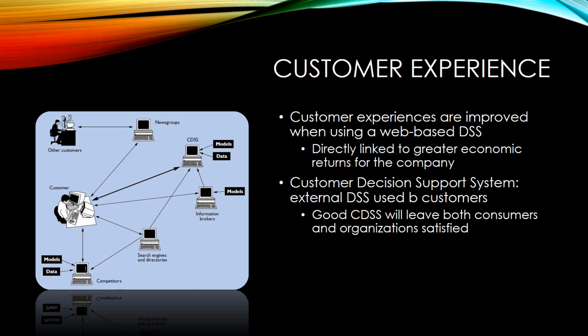So that right there is showing Amazon's decision support system helping, or trying to help me, with need recognition. And I can get there directly by going to Amazon, and that's what that bolded arrow is showing, with the customer on the left linking to the DSS computer.